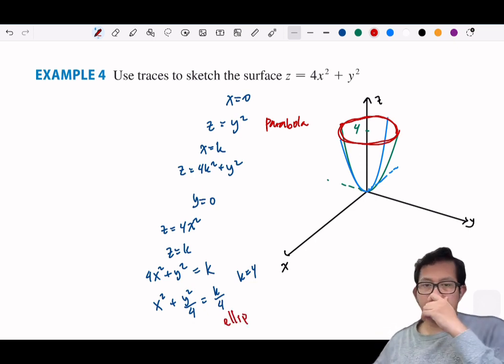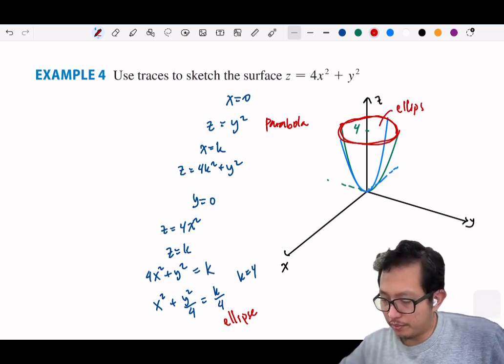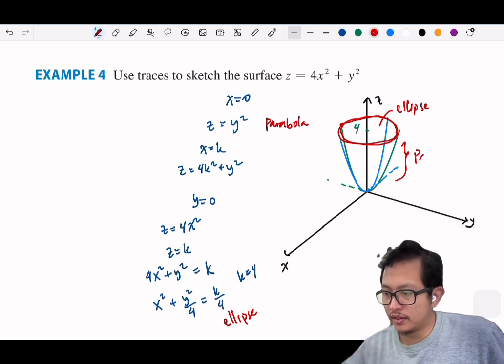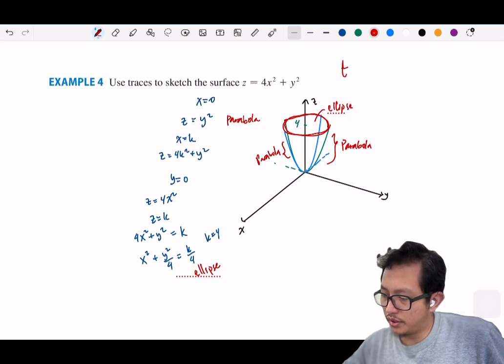Okay, that's an ellipse. So since this is an ellipse, and this is a parabola, this is also the other one, also a parabola.